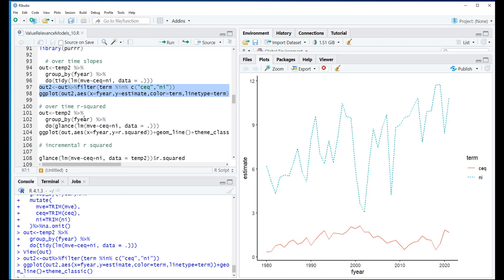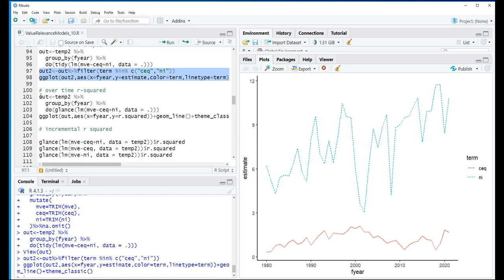So another thing we might be interested in is how well does financial information, so accounting information, capture the value of stocks? We can look at that, and this is a new piece. So instead of doing tidy, I'm going to do glance, and glance, when applied to a regression or something like that, gives you summary information from the regression.